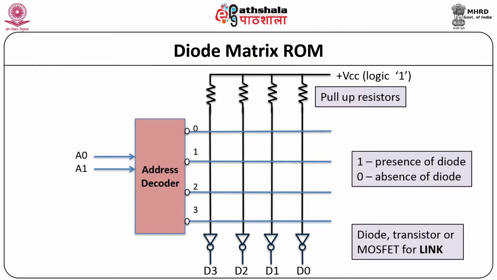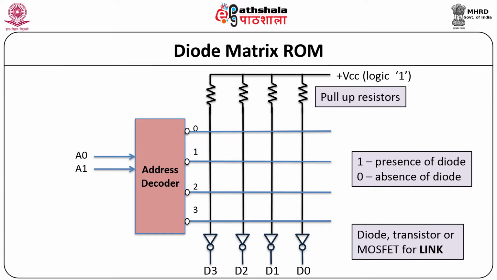In this 2-dimensional wire grid, each interconnection of wires either has a connecting diode or no diode. In this diagram, a 2 to 4 line decoder is used to activate one of 4 rows in response to 2 address lines. There are 4 data lines which form the columns of the matrix.